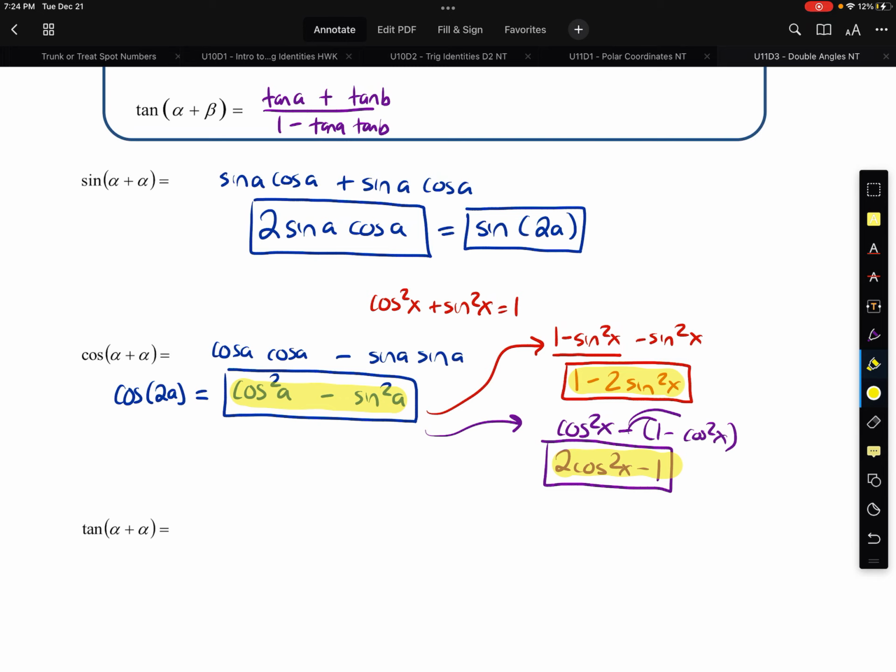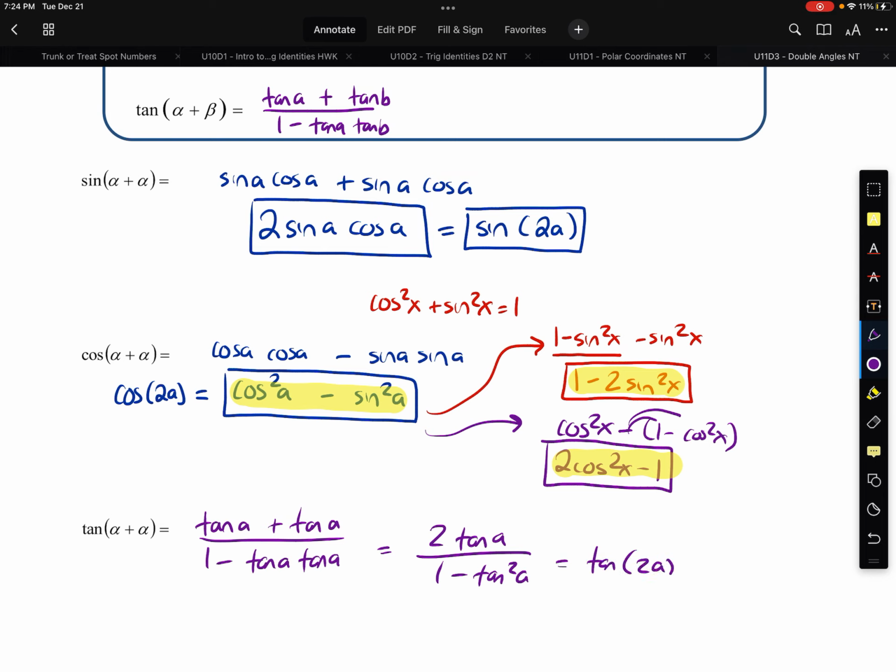The last formula, tan alpha plus tan alpha over 1 minus tan A, that'd be 2 tan A over 1 minus tan squared A, and that would equal tan of 2 alpha.